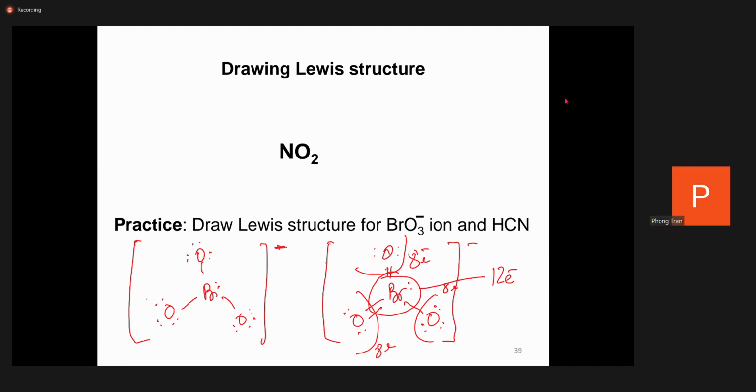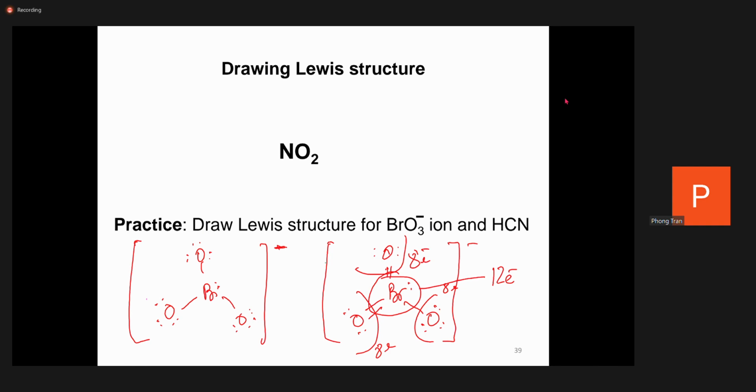Fluoride is in the second row, chloride is in the third row, and bromide is in the fourth row. So bromide has the d orbital. Because of that, bromide can accept more than 8 electrons. You get what I mean? The octet rule is strictly obeyed for the first and second row elements, where you have the orbitals s and p.